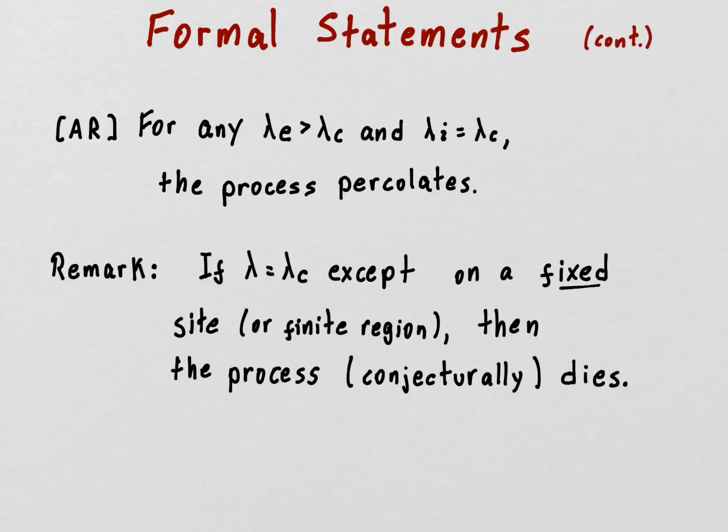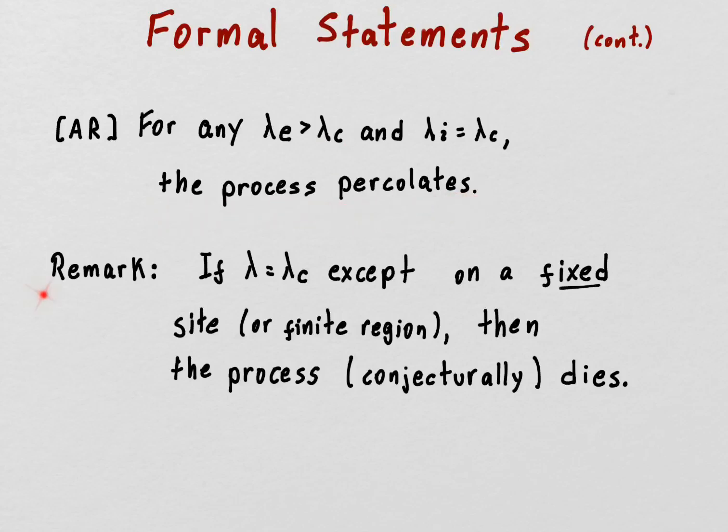Finally, we show that when lambda I equals lambda C, we take internally the critical value and we increase the external parameter by some amount, no matter how tiny that amount is, the process will percolate.